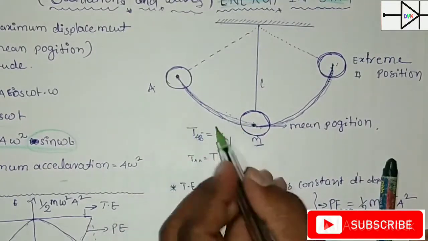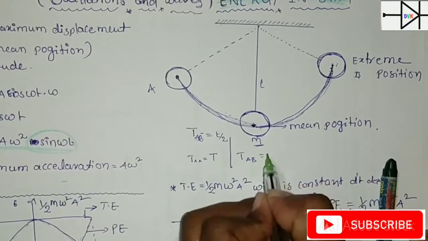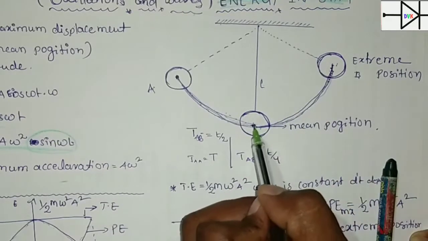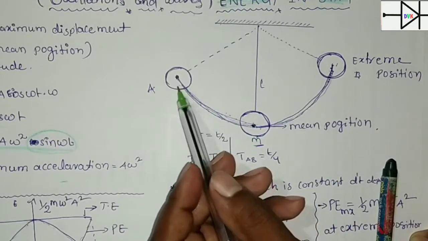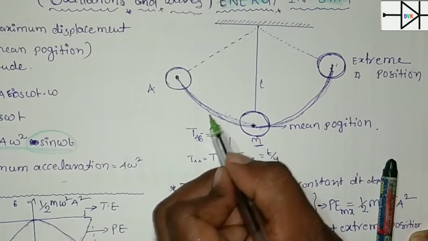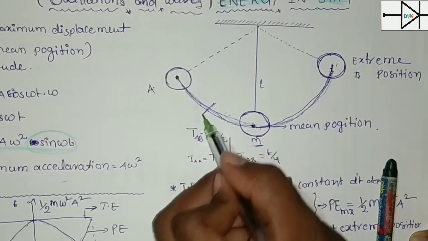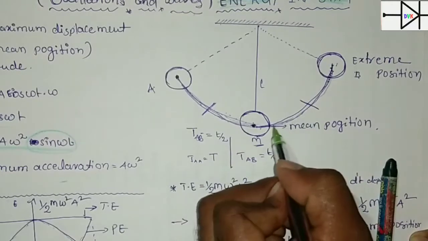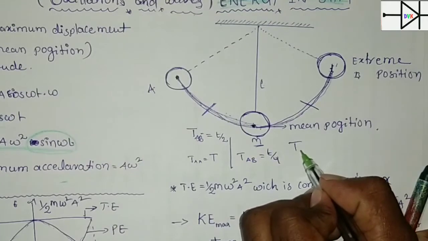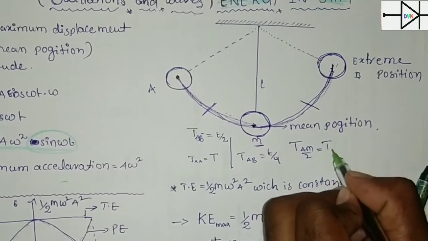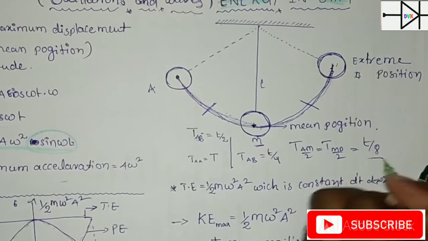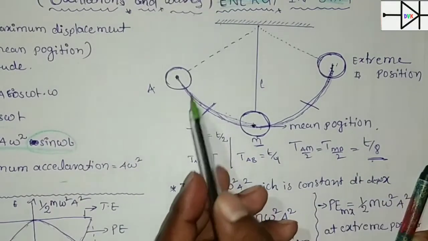The time period of A to M is equal to T by 4, half of the time period of A to B. The time period between M and A, or between M and B, and half of that: the time period of AM by 2 is equal to the time period of MB by 2, which is equal to T by 8, right? I hope you understand the time periods.